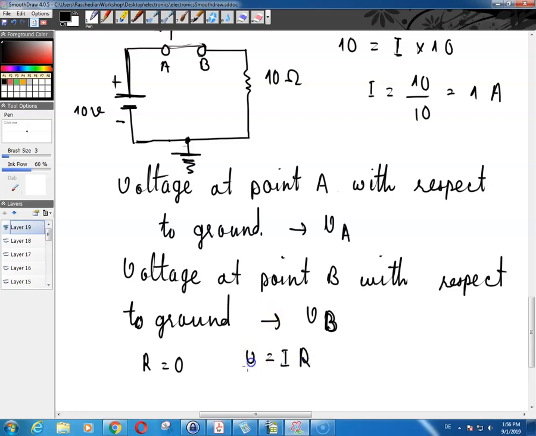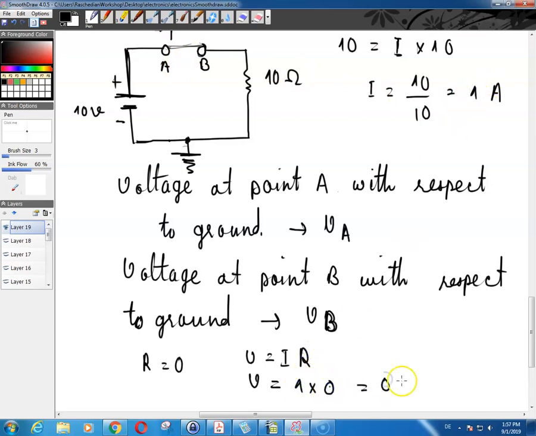The voltage drop across these 2 points, which is effectively the voltage drop between point A and the ground, would be V is equal to I, which is 1 amp, times R, which is equal to 0.